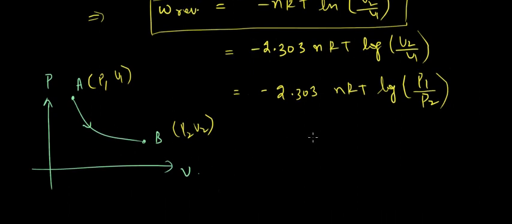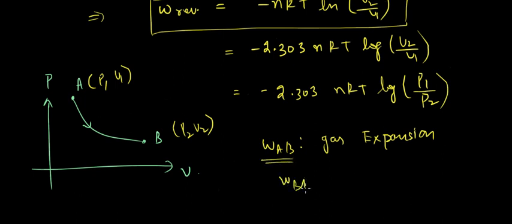Work done from A to B is simply gas expansion. And work done from B to A, let's say after the state of the gas comes from A to B, let's say it again goes from B to A, so work done from B to A would be considered as gas compression.